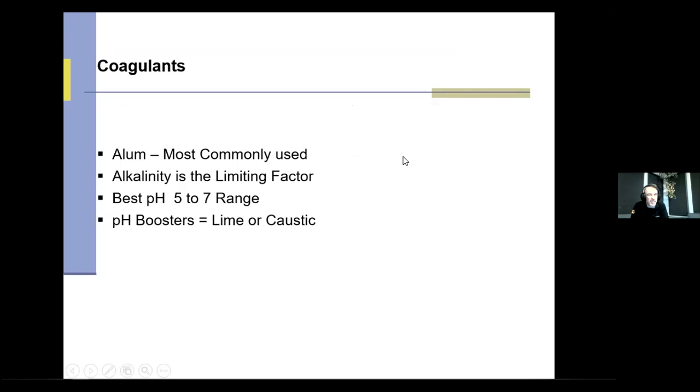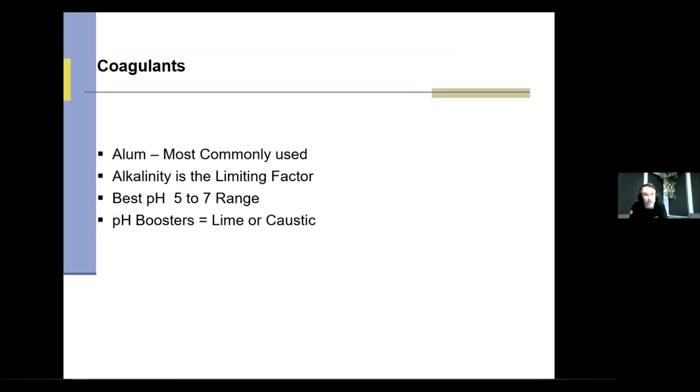Again, some of the tricks for the test. Alum's the most commonly used. Alkalinity, and we'll talk about alkalinity, is the factor. The pH is best between 5 and 7. As you start getting past 7, some of these coagulants don't work as effectively.